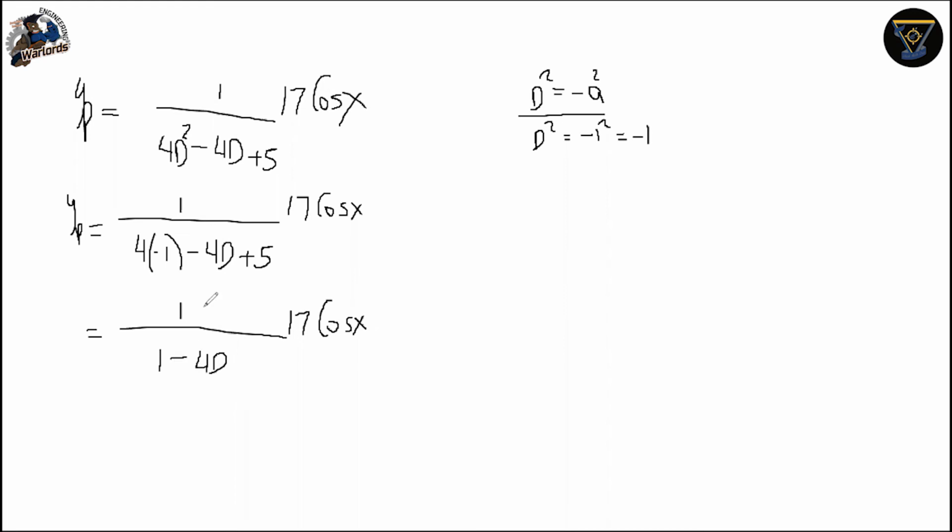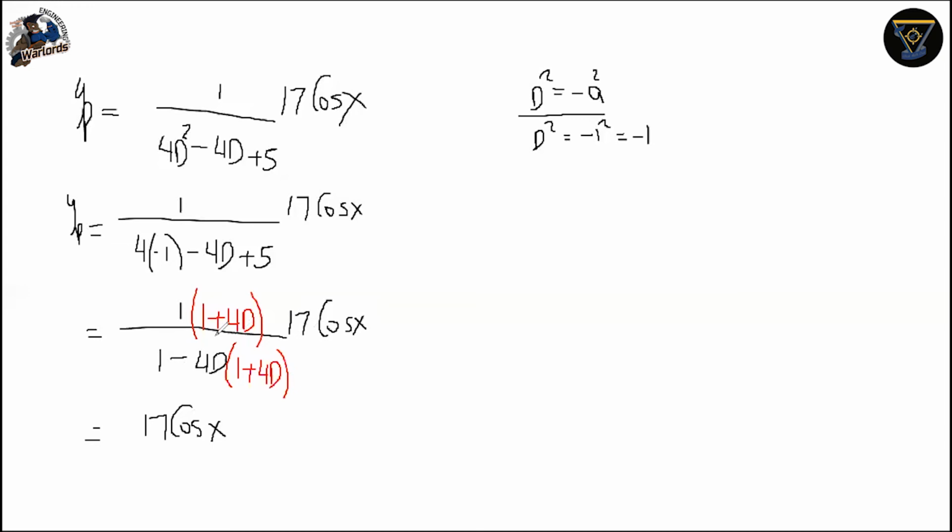So you multiply the numerator by 1 plus 4d, and you multiply the denominator by 1 plus 4d as well, right? So we can just simplify. So remember, all the time, after you reach this stage, you're just going to change the sign and you multiply the top and the bottom by it, right? So we're saying that this multiplied by 1 is the same thing as 17 cos x.